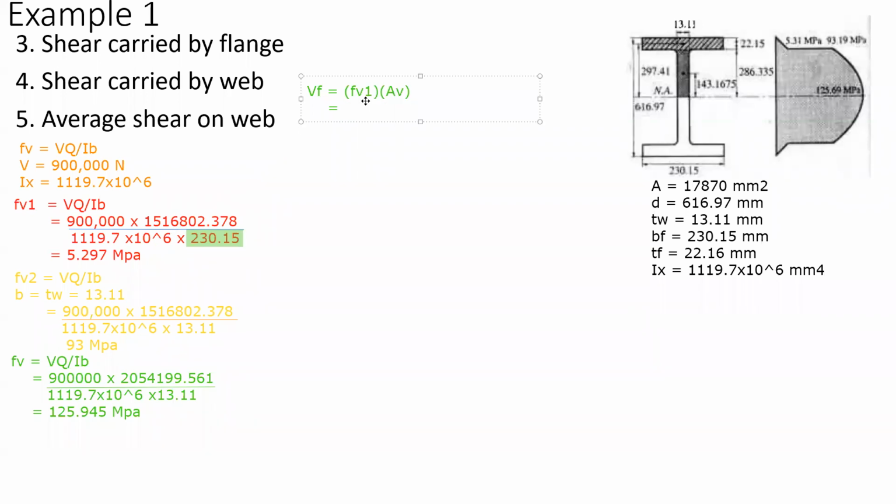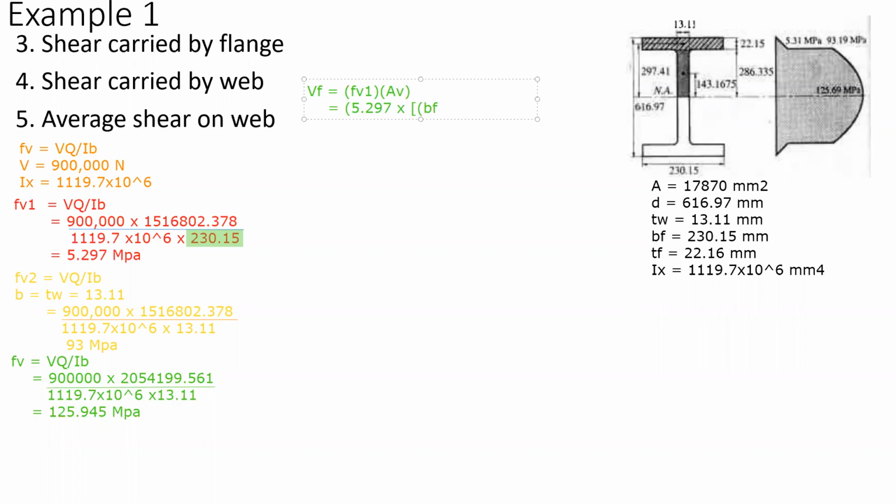So let's put that in. That would be 5.297 times area of shear. This is the base, ito. So that is 230. Or let's call this BF muna.